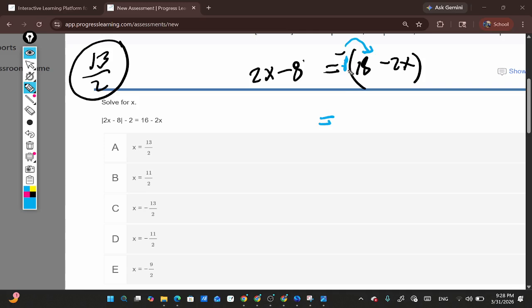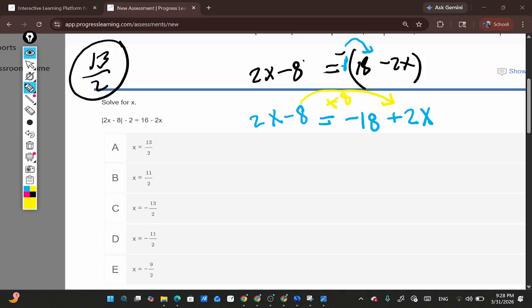So negative 1 times 18, which is negative 18. Then negative 1 times negative 2, which is plus 2, and we still have x. Now we have 2x minus 8. As we see, we can move the negative 8 to the other side by adding 8.